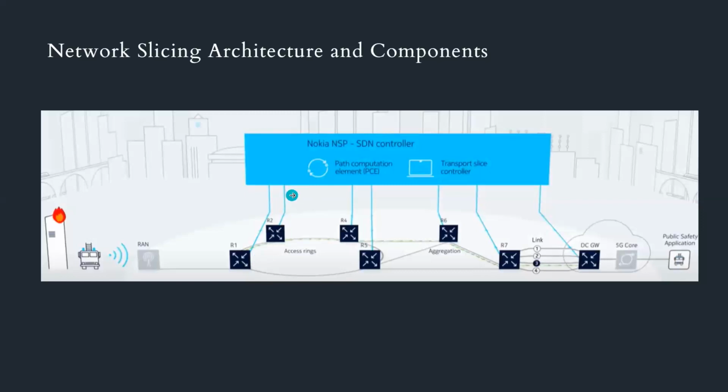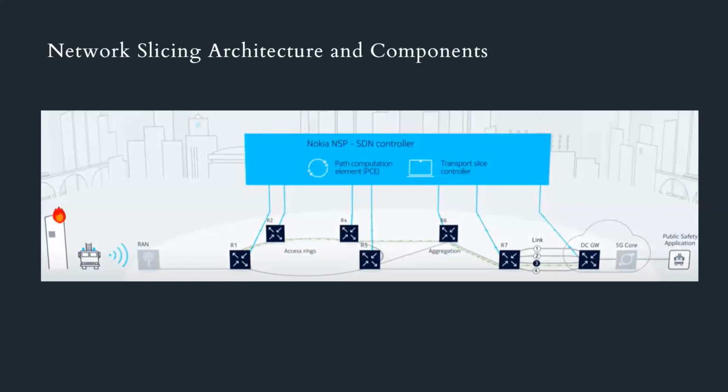Each device is providing updates to the SDN controller regarding their network status. So when the network conditions are updated to the SDN controller, network conditions include packet drops, any kind of latency, and any kind of jitter in the network.